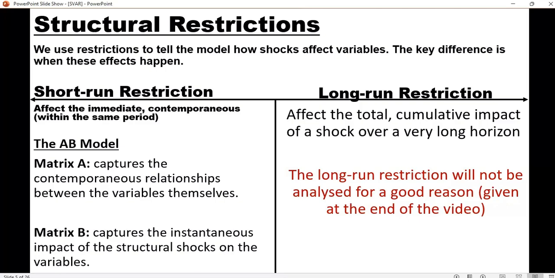But for this study, the long-run restriction will not be analyzed, for a good reason, and the reason will be given at the end of this video. So please continue watching to know why we will not analyze the long-run restriction of the SVAR.